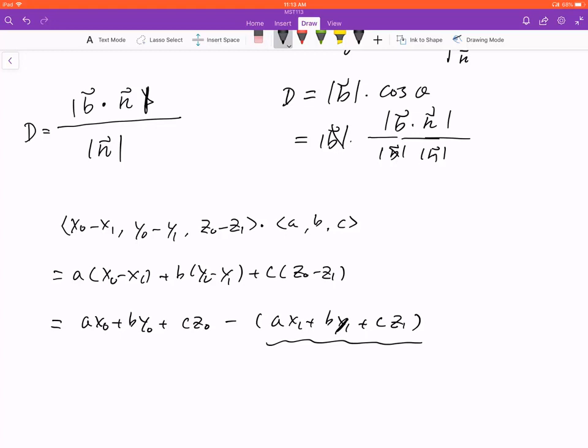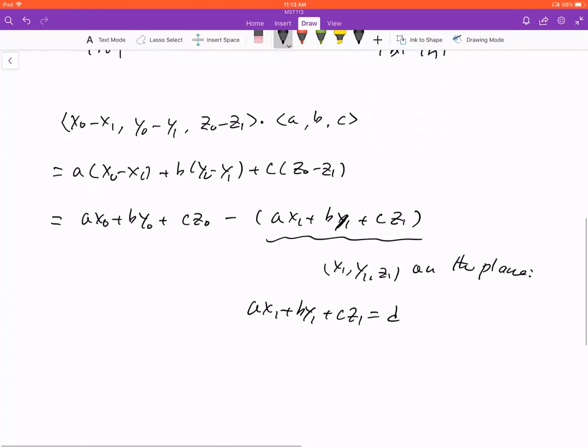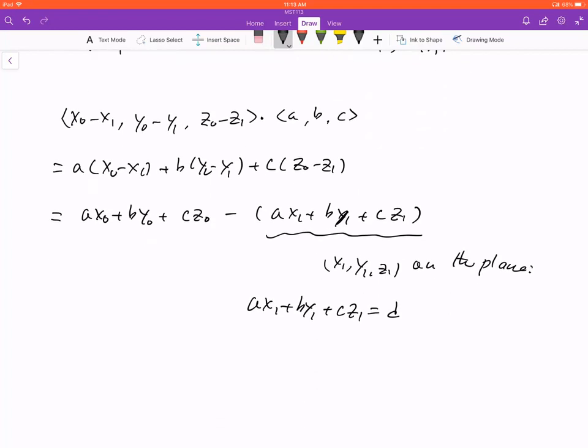Since (x1, y1, z1) is on the plane, a x1 plus b y1 plus c z1 satisfies the plane equation, so it equals d. That's how we got the numerator.